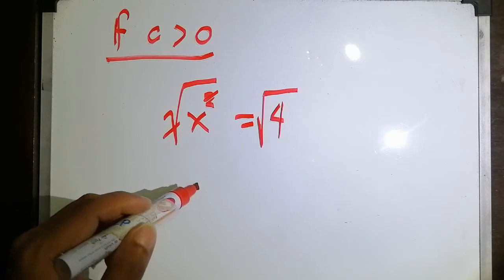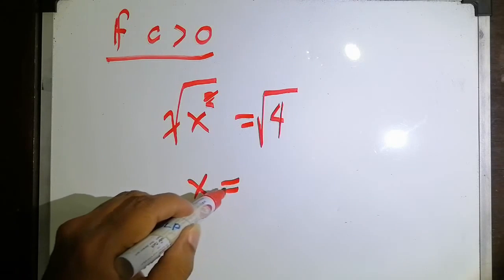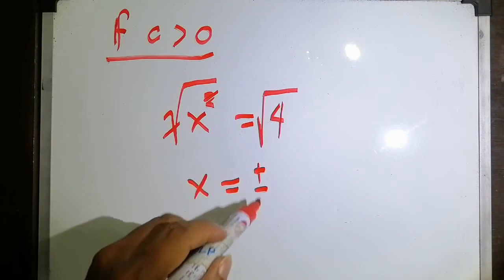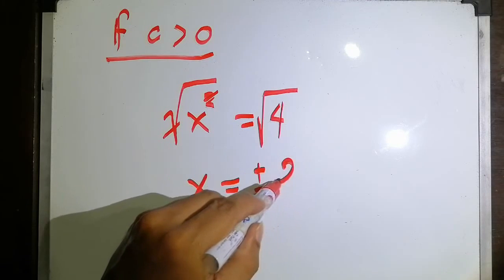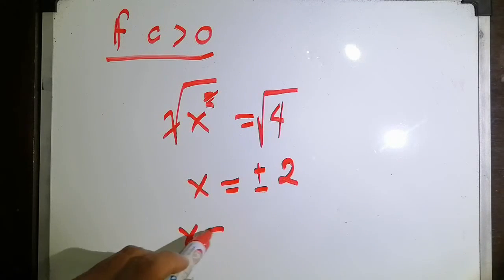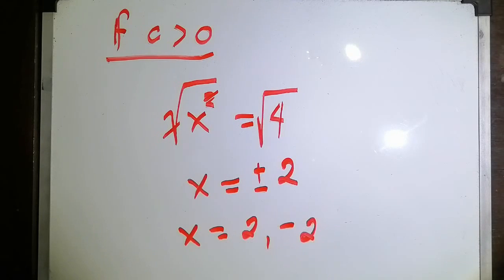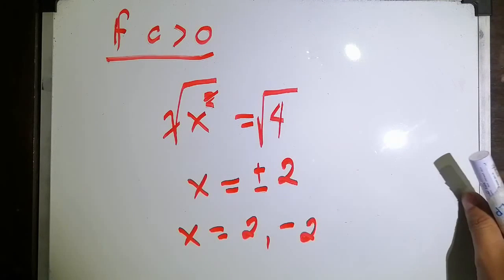Okay, so after that we have x here is plus minus square root of 4 is 2. So the 2 solutions that we have is x is equal to positive 2 and negative 2. Okay, so that is if C is greater than 0.